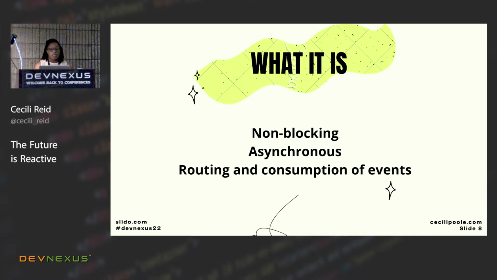And the main focus is routing and consumption of events. So I realized this routing and consumption of events, this message-driven principle, is a key to reactive programming, and reactive programming supports reactive systems. So that answered why I should care about reactive programming. It could make my systems more reactive.